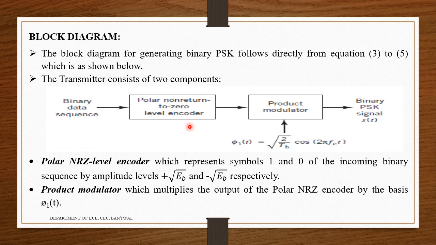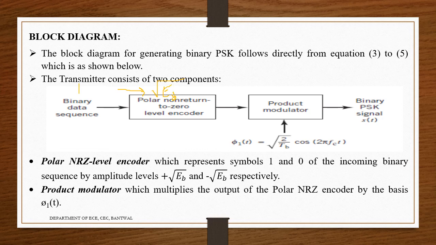So it will not get any value of 0 anywhere. Now considering bit 1 has been passed, it will take the value of square root of EB. It will not return to 0.